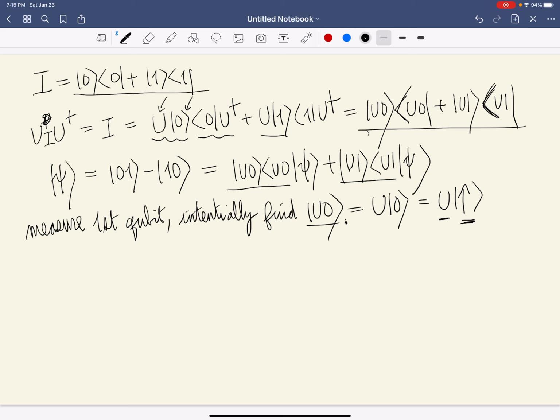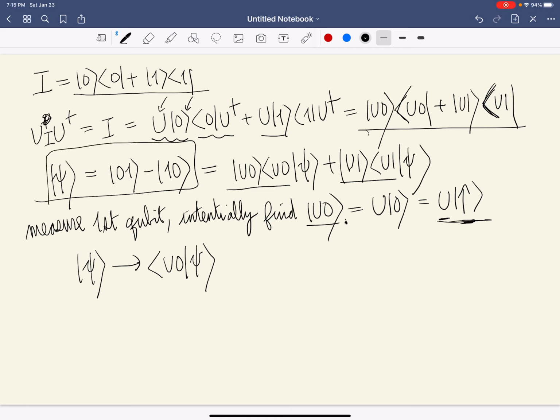Okay, so let's say you do that. Then, as a consequence, the wave function will collapse into u0 overlap with the original state. But remember that my original state was this singlet state. So now it's a u0 overlap with the 0, 1.